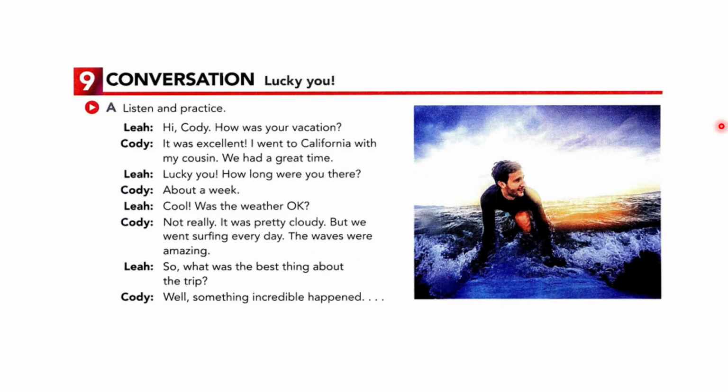Remember that we use the verb to be depending on the subject. The subject is what determines which verb to be I am going to use. So, how was your vacation? It was excellent. I was away for a week. Were your parents there? Yes, they were.